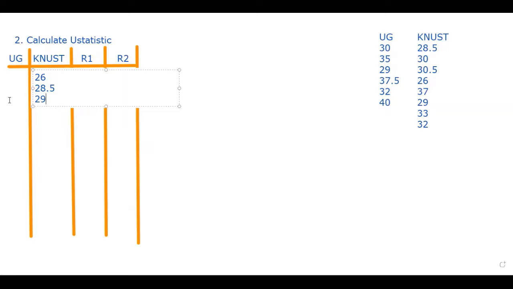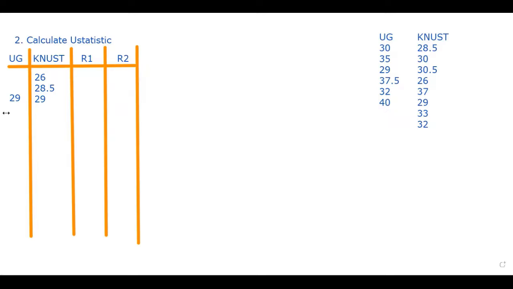When you look at this, you might think, if 29 is the first value for Eugene, I'll start 29 here. No, we don't do that. Just send the 29 to where the 29 for KNUST is, so that they will be in line. You get it? Okay, let's move on.